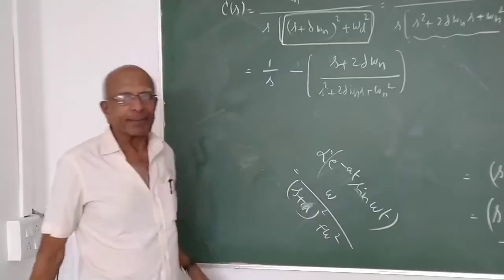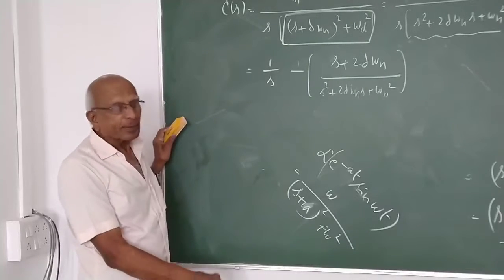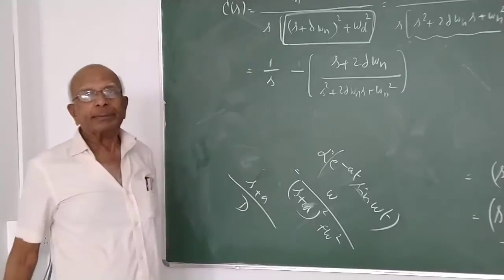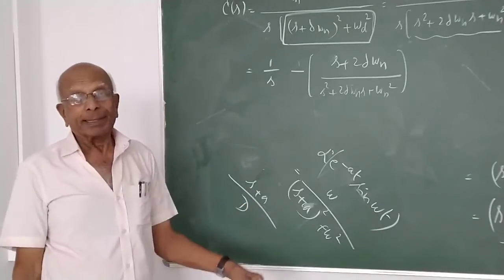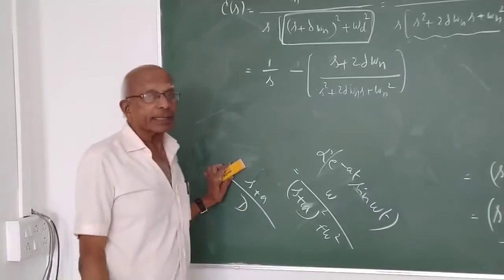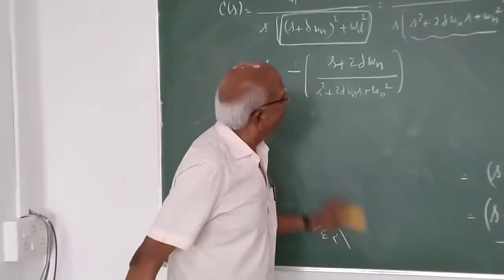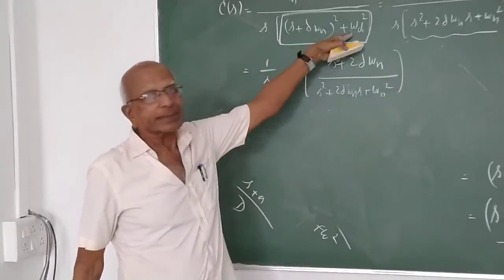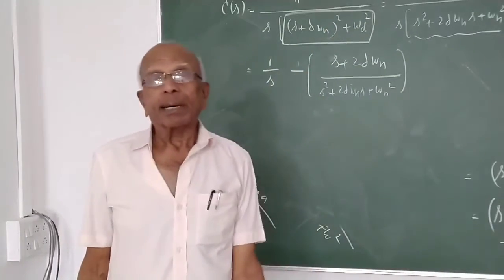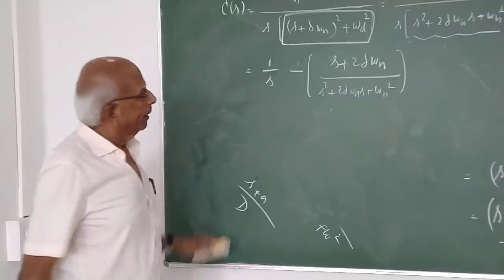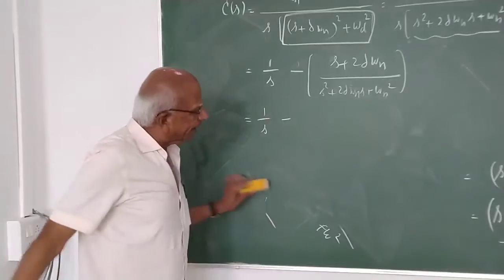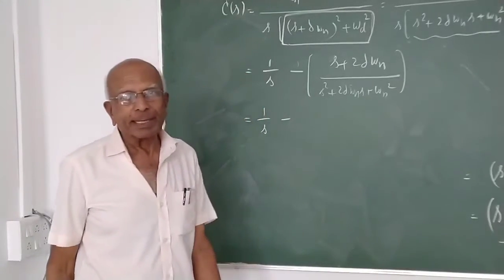Supposing this were e to the power minus at cos omega t, you would get s plus a over the same denominator. Please remember throughout your life, this comes not only in this subject but in many other subjects like signals. So the presence of a factor like this will indicate the presence of a sine function or cosine function or both. It's just mathematics, not control systems; that's the mathematics part of the derivation.